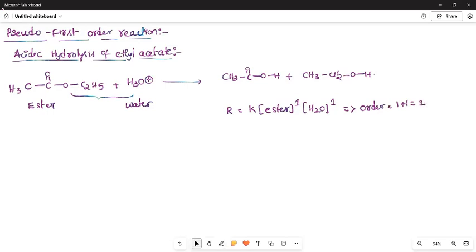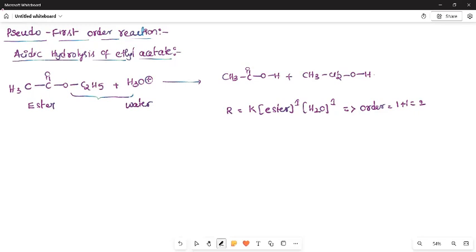But actually, water is taken in excess quantity. So you can neglect it. The concentration of water may be taken as constant because you are taking so much water. Only a little of it is utilized for hydrolysis, so it is not required in our calculations.